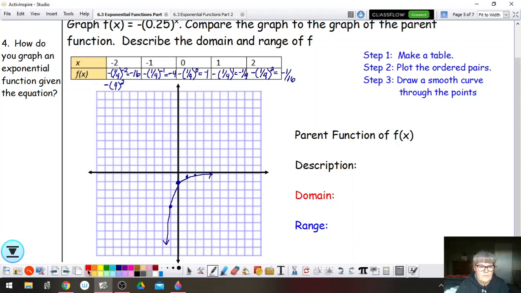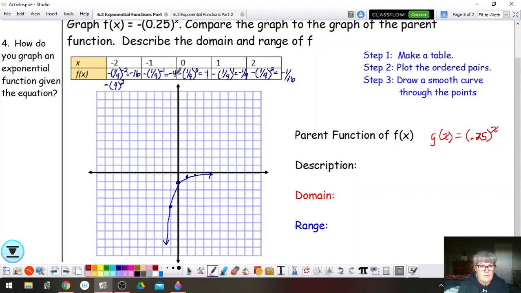Now the parent function, I'm going to call it f of x, is just going to be the 0.25 to the x, not the negative. So instead of negative 16, it would be a positive 16 at negative 2.